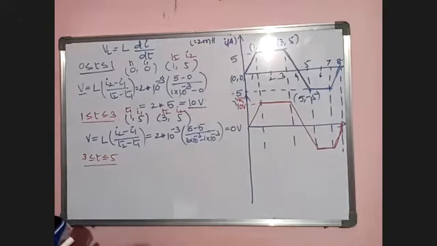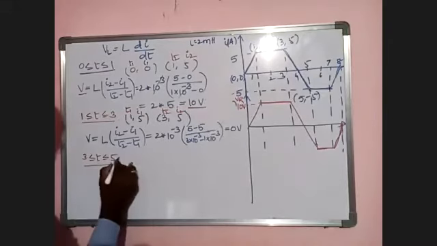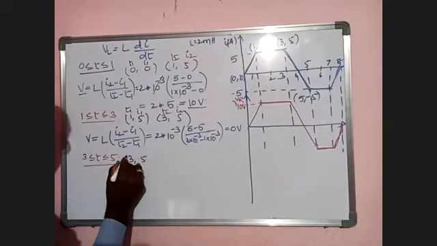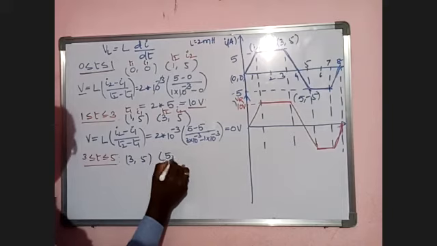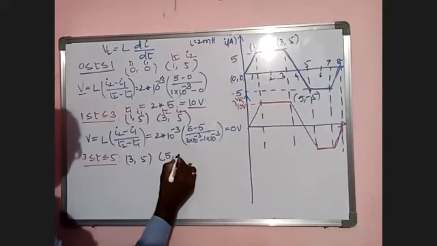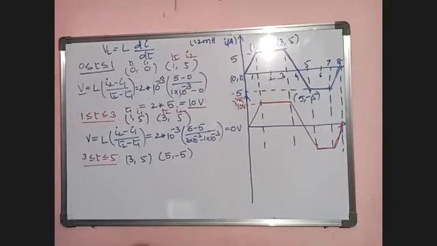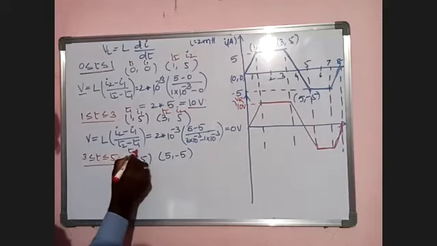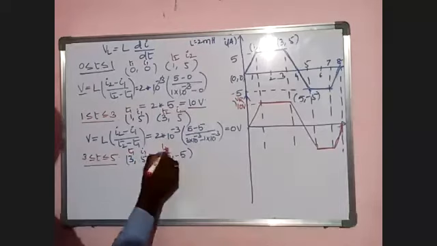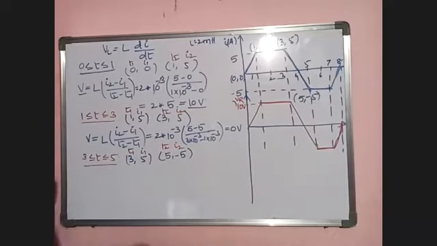The 2 endpoints are 3, 5 and 5, minus 5. Here call it T1, I1, T2, I2.